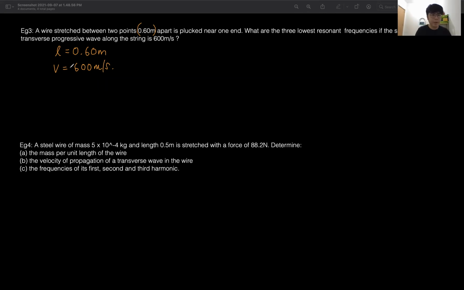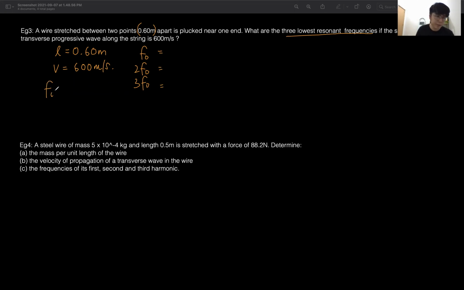Okay, so we have length 0.6, velocity 600. What are the three lowest resonant frequencies? Meaning the fundamental, the second harmonic, and the third harmonic. We have the V, we have the L, we can find it.